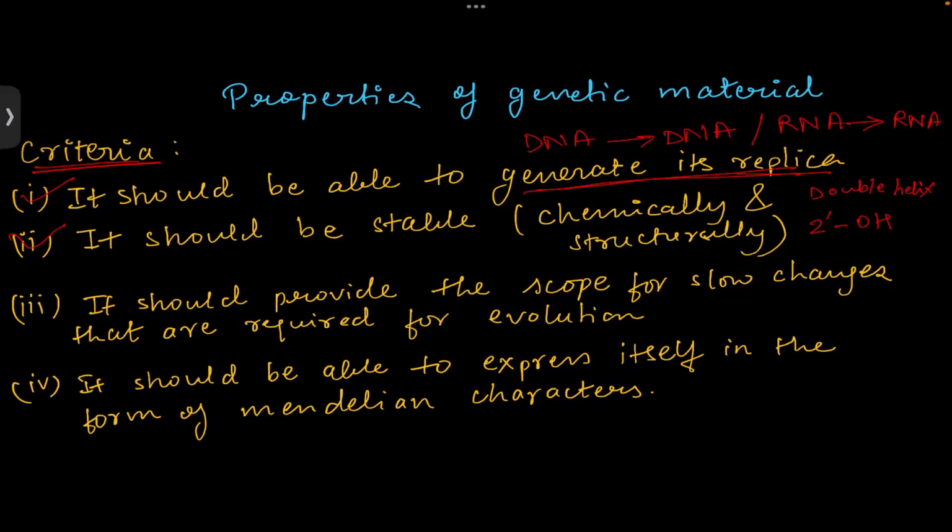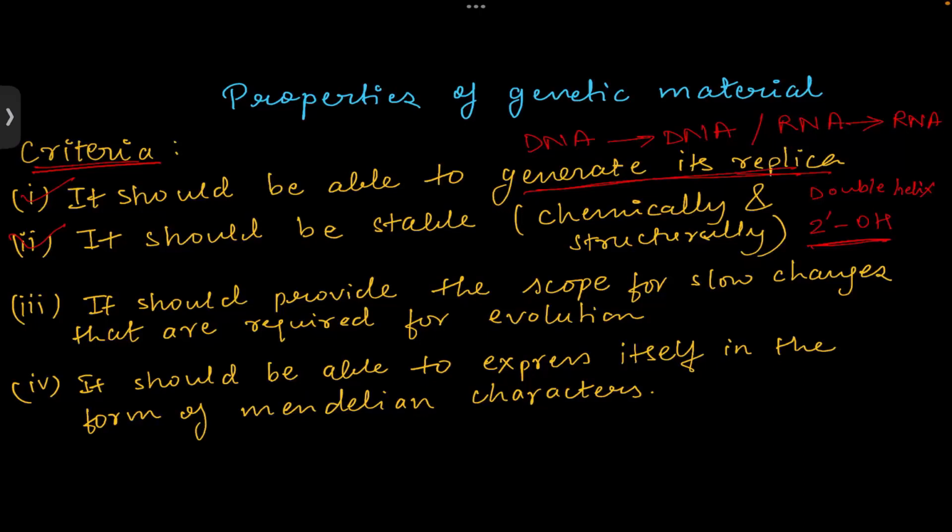People have seen that inside the cell, RNA can act as a catalyst and catalyzes various reactions, and catalysts themselves have a very reactive property. So the presence of this 2' OH gives that catalytic property to various RNAs, whereas DNA cannot act as a catalyst; it is comparably chemically more stable.